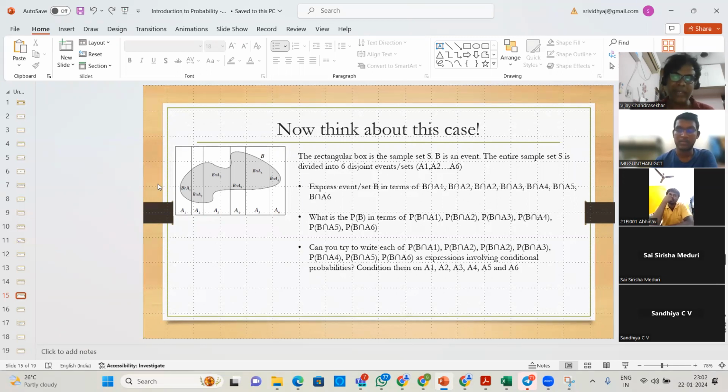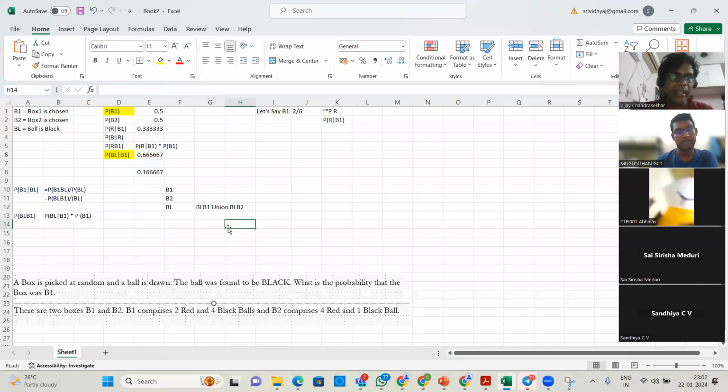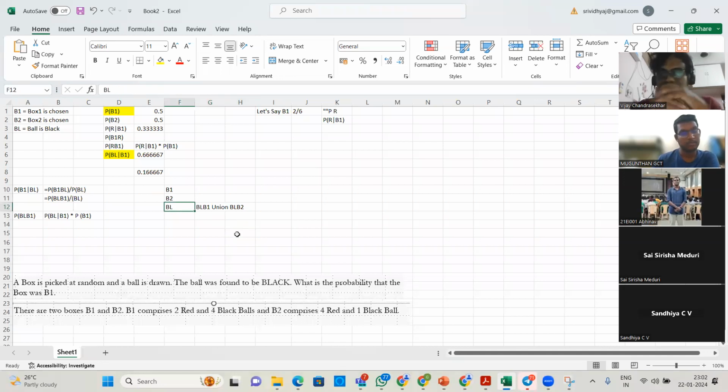Then I write B as B intersection A1, union B intersection A2, union B intersection A3, and so forth, because each one of them is disjoint, correct? I'm doing something similar here. I'm saying BL is the same as BL intersection B1, union BL intersection B2, right?